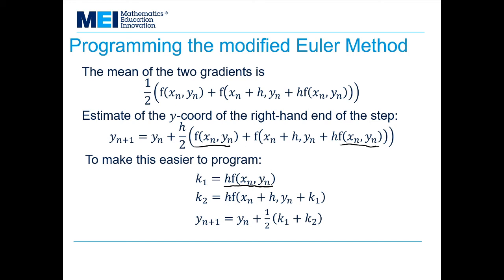Then my k2 is given as h times f of xn plus h, that's this bit here, and then yn plus k1, yn plus h f of xn yn. And then to put it all together into my formula, yn plus 1 is yn plus a half of k1 plus k2. So k1 and k2 are being averaged out here.